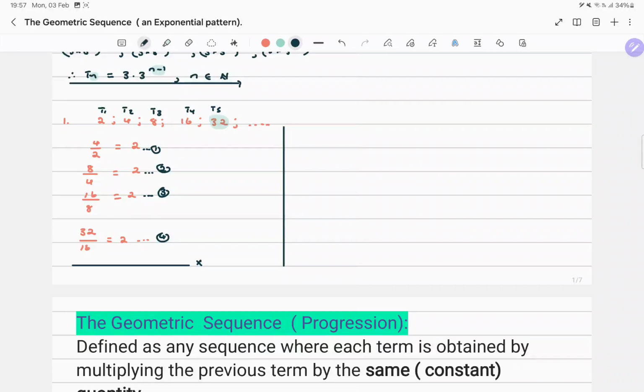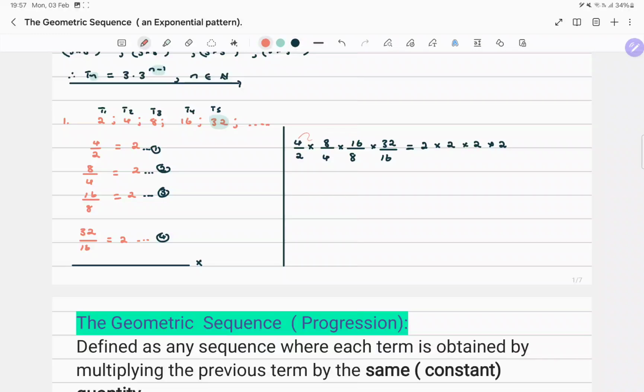When we multiply here, we end up with essentially 4 over 2 times 8 over 4 times 16 over 8 times 32 over 16. This is equal to 2 times 2 times 2 times 2.